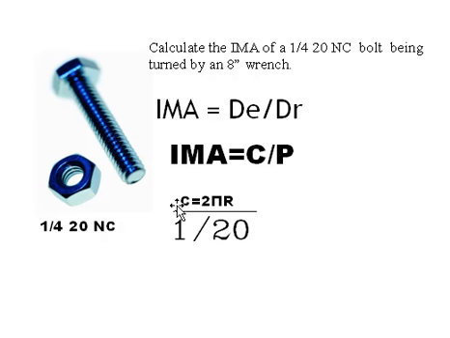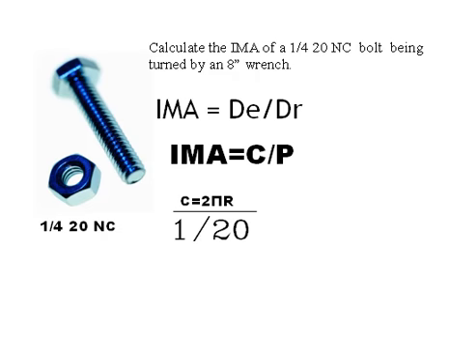So what we've got to do is figure out 2 pi, pretend that's a pi, I couldn't find the symbol, 2 pi times R. R being the radius, and the radius being the 8-inch wrench. So 8 inches is our measurement there. And then C over P, P being the pitch, so we have 1 over 20.